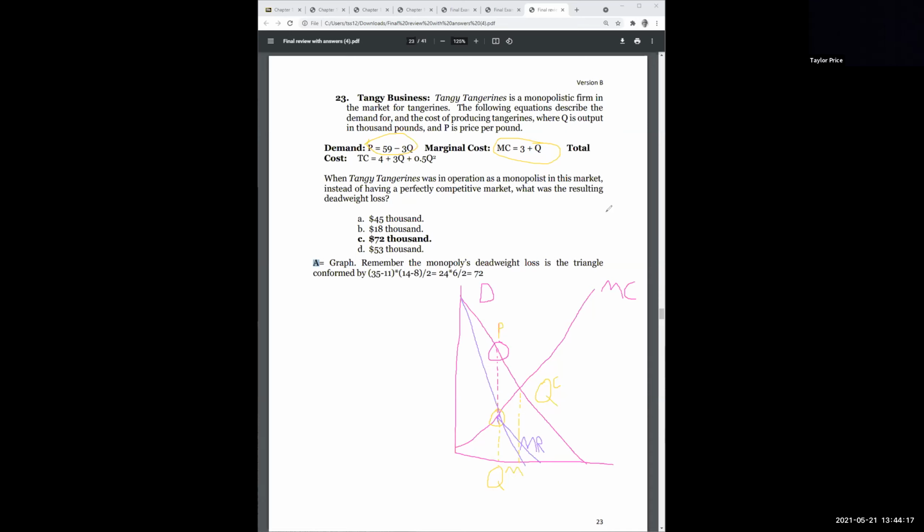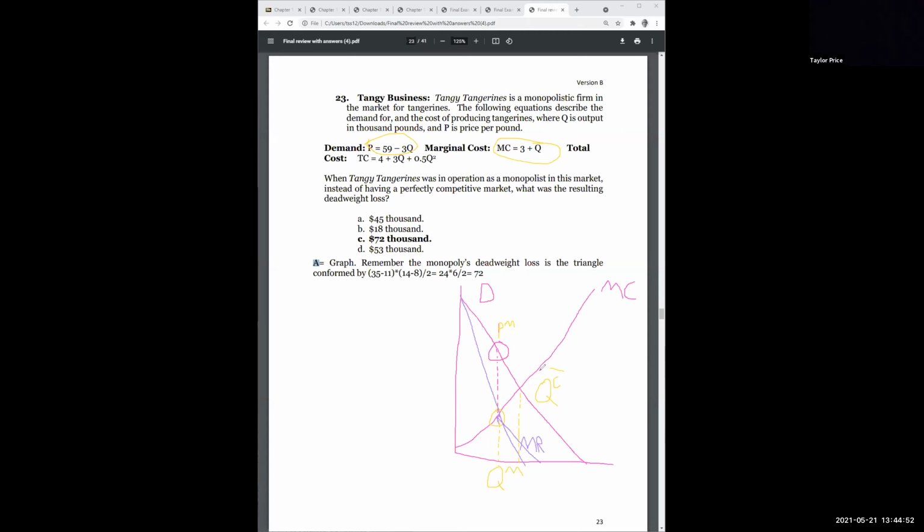Because we need to find the price, right, for the quantity. Yeah, so you basically have to find four things: the price that the monopolist is charging, so the price up here, then the intersection point between marginal cost and marginal revenue, then also the quantity that the monopolist is producing, and then also the quantity that the perfectly competitive firm is producing.